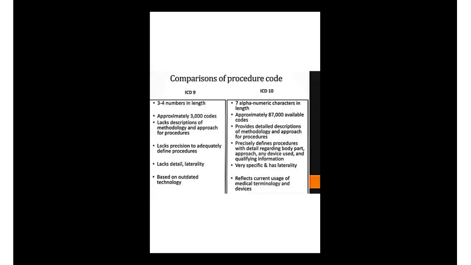Let's take an example: phacoemulsification is a procedure which we do for cataract. We place an IOL with or without contact lenses, under local anesthesia. So every detail is there. If you want to write about your procedure, you have every detail. Every code for every process will be mentioned in this, so it will be easy.